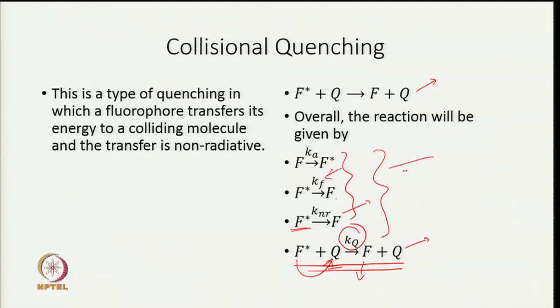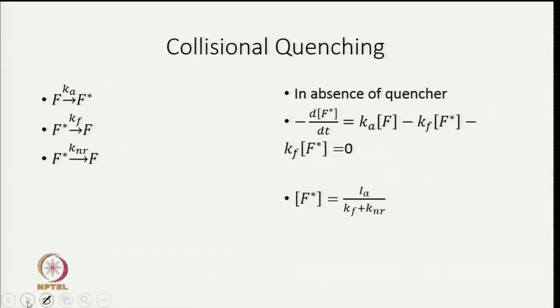And if we have this equation, we can easily write how the rate equation looks. So, again, dF star by dt. If there is no quencher, what will we write? dF star by dt is equal to Ka into F minus Kf into F star minus Knr into F star is equal to 0.